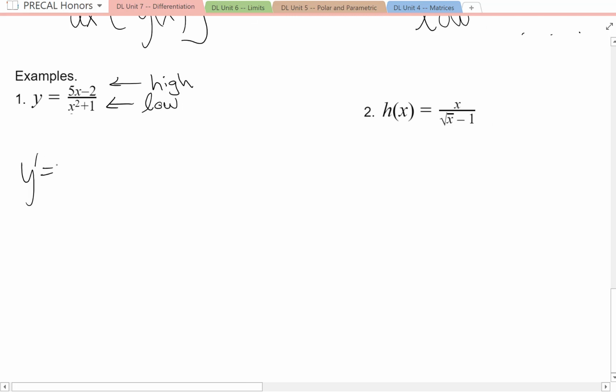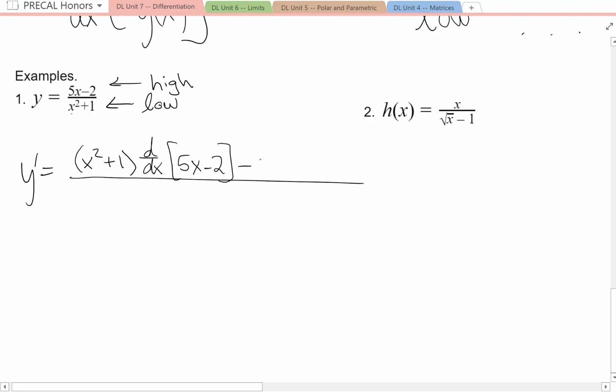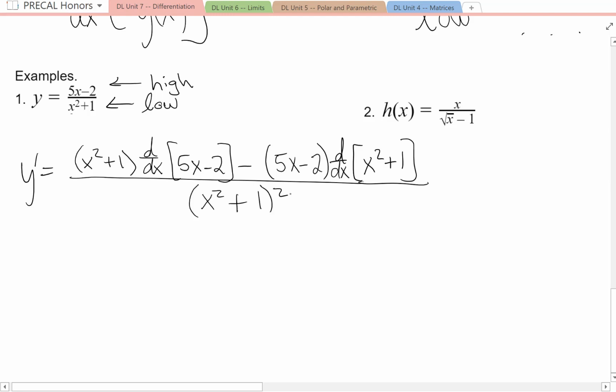So y prime is equal to the fraction low d high, minus high d low, x squared plus 1 over low squared we go, x squared plus 1 squared.